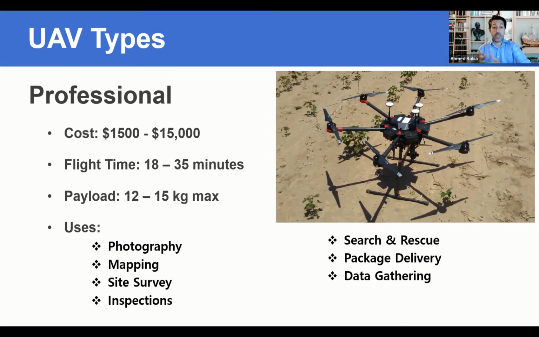You can even add some tanks to put fertilizers or irrigation water. So the applications for these professional drones go from photography to mapping, surveying, data gathering, fertilization, irrigation, package delivery, and inspections. So there are many applications for this specific drone type.